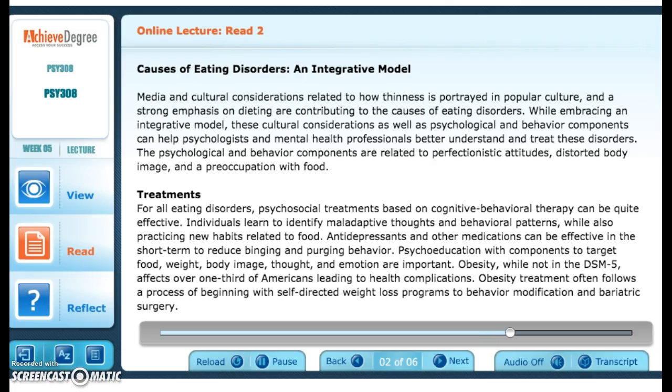Psychoeducation with components to target food, weight, body image, thought, and emotion are important. Obesity, while not in the DSM-5, affects over 1/3 of Americans, leading to health complications. Obesity treatment often follows a process of beginning with self-directed weight loss programs to behavior modification and bariatric surgery.